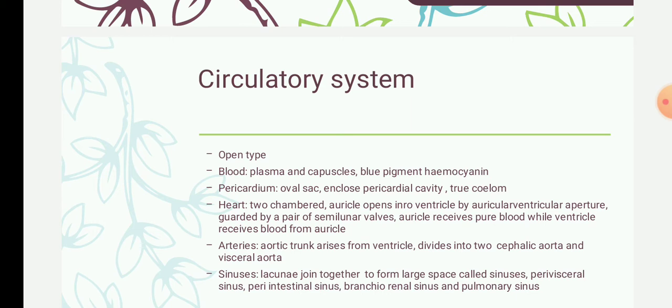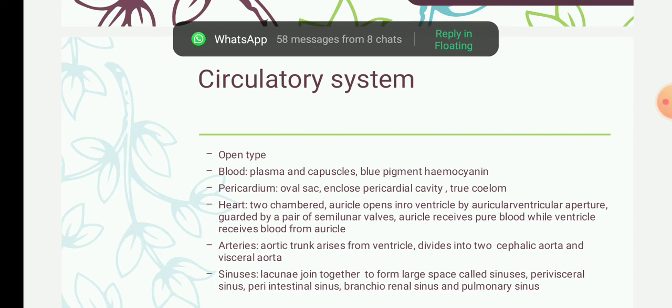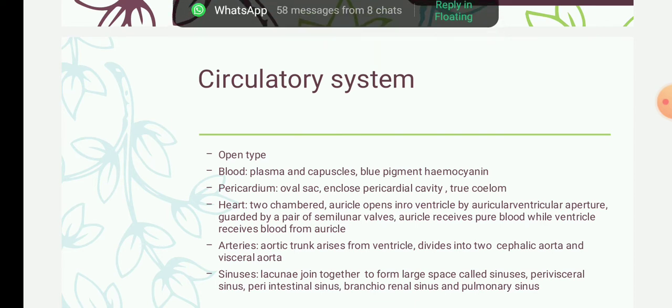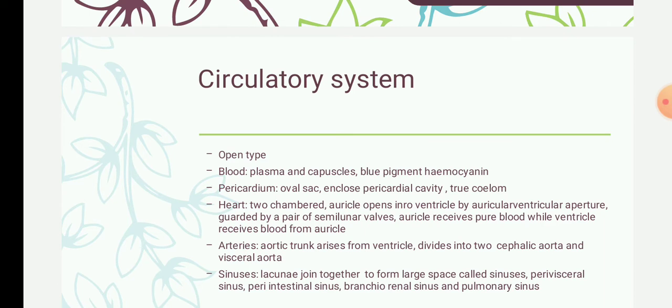Okay, then pericardium is followed by the heart. The heart is formed of two chambers in Pila, termed the auricle and ventricle. The auricle is posterior in position, thin walled and triangular in shape.